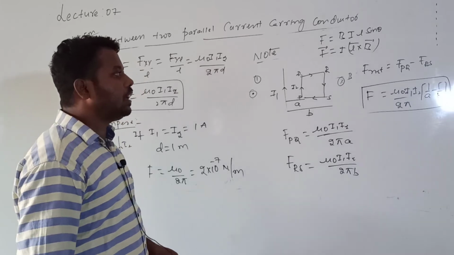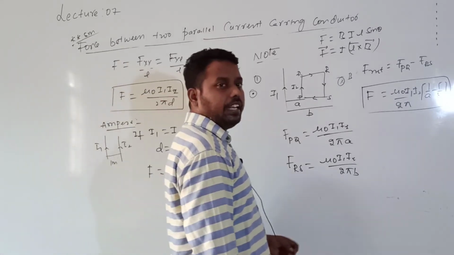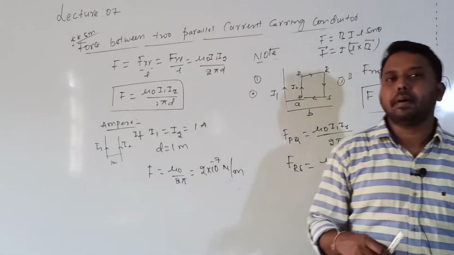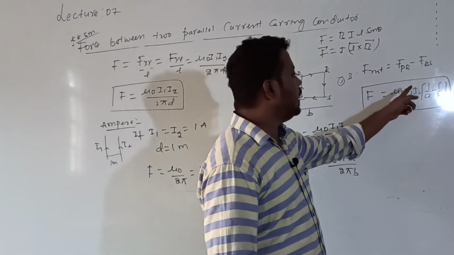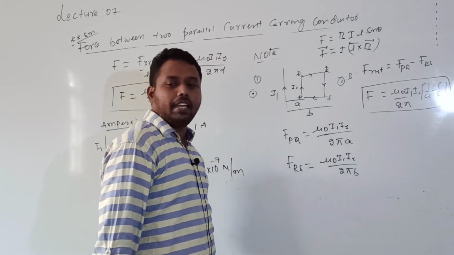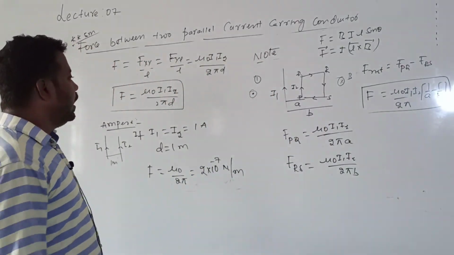Whenever a rectangular current loop is placed near a current carrying conductor, the net force acting is given by mu naught into I1 into I2 divided by 2 pi into 1 by A minus 1 by B. Understood?